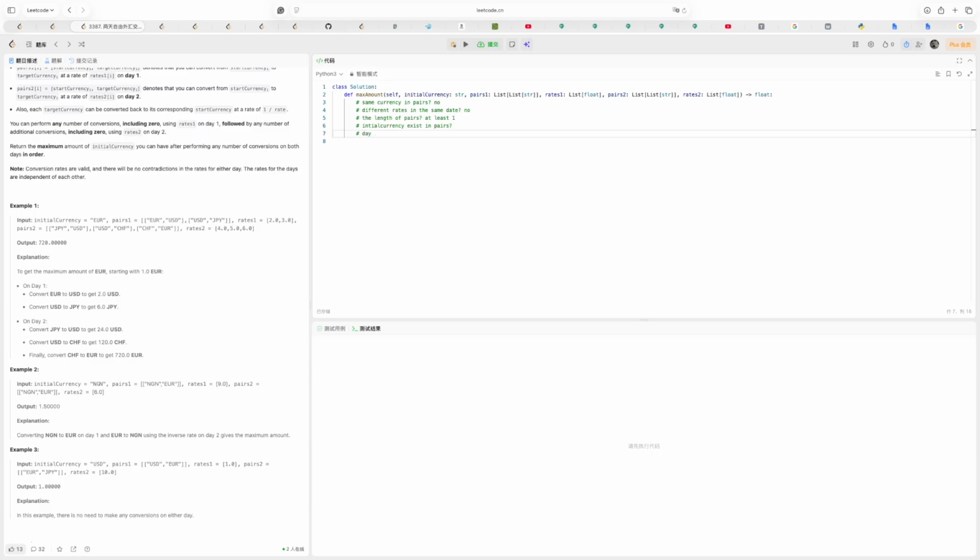We'll have day 1, we'll have adjacency list for day 1, and we'll have adjacency list for day 2, and then we'll also have to keep track of the data structure to keep track of the amount for changing currency.